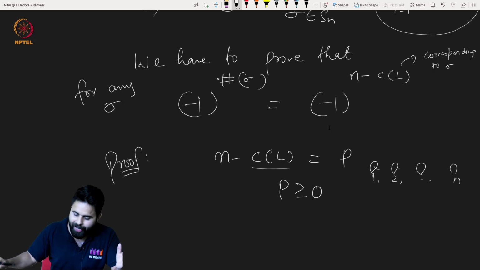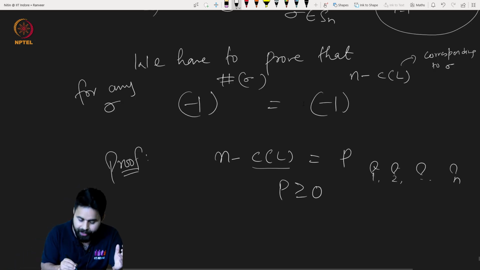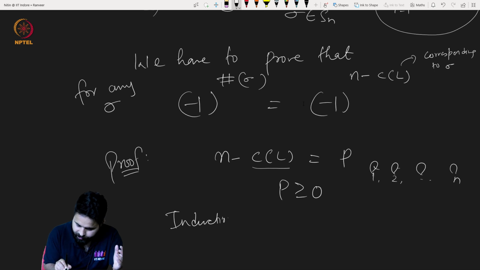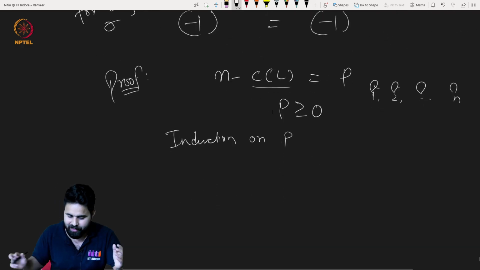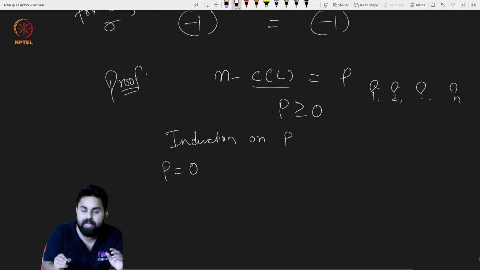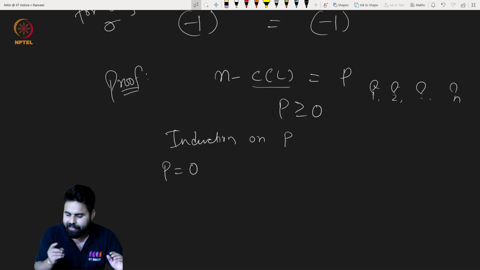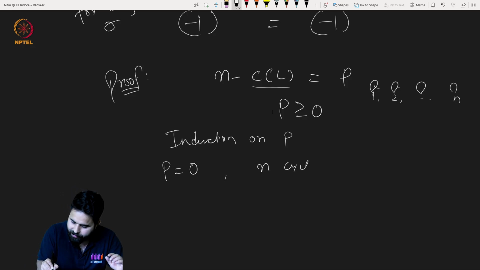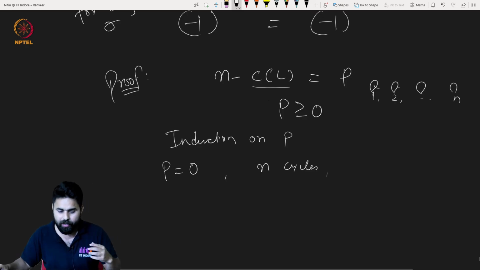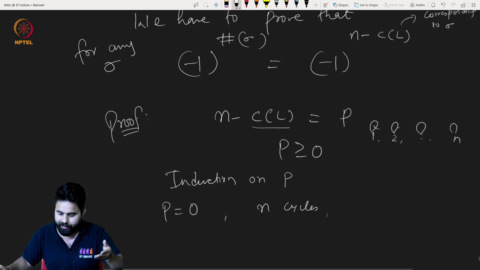So let us make use of induction on P. When P equal to 0, we have already seen that there are n cycles. And by the way, what will be the inversions?